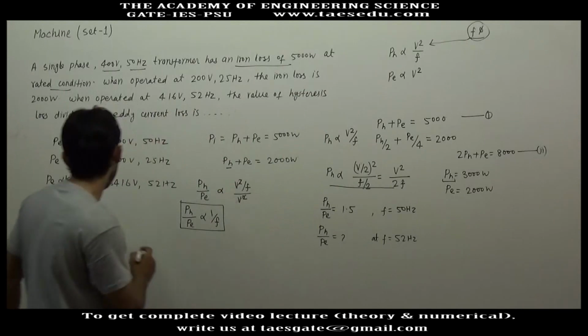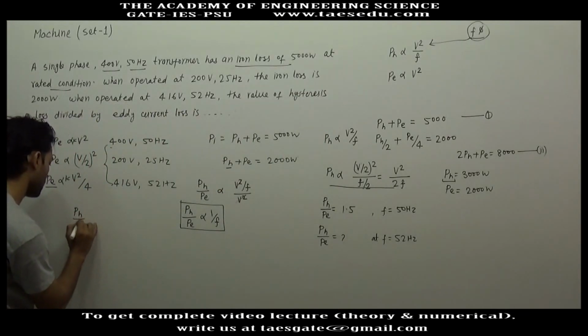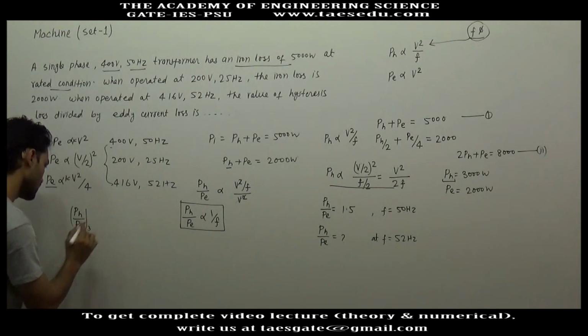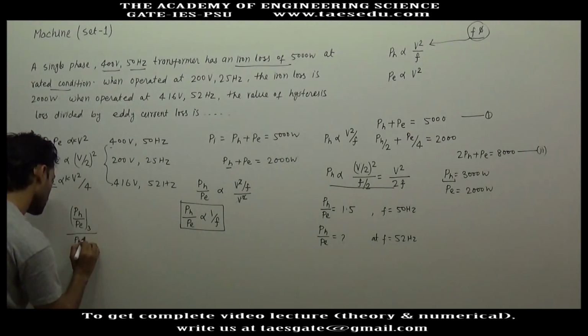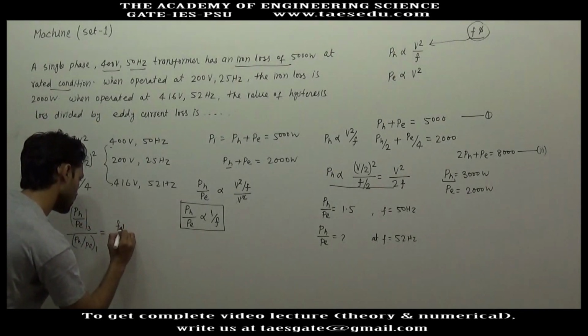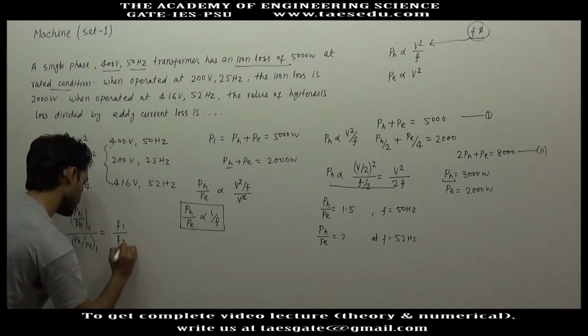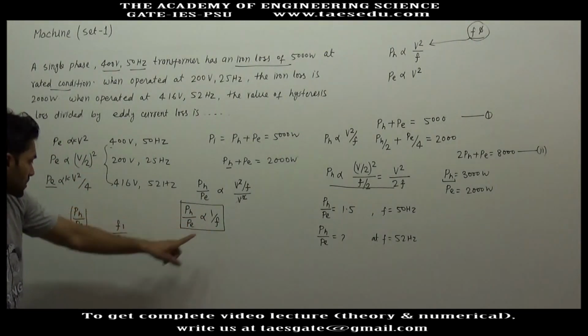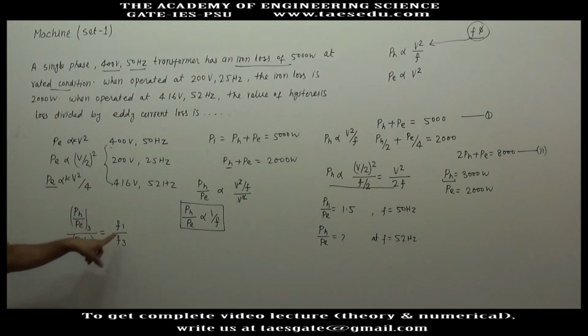So PH by PE in the third case divided by PH by PE in the first case will be equal to frequency in the first case divided by frequency in the third case. Since we have an inverse relation, 3 by 1 will be 1 by 3.